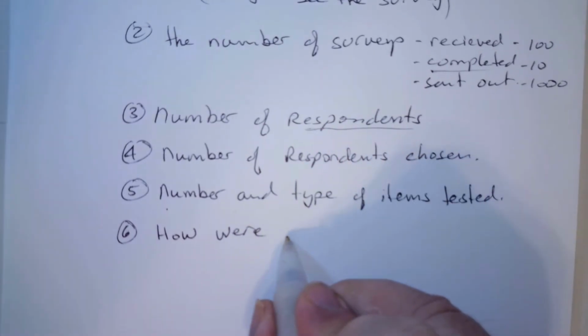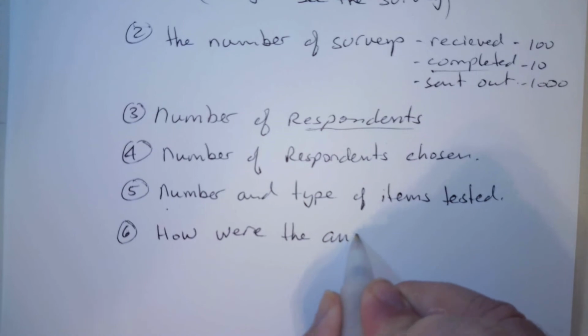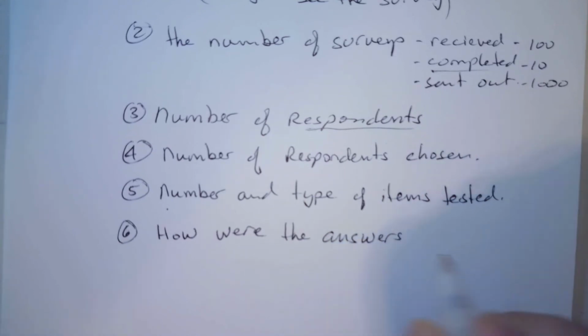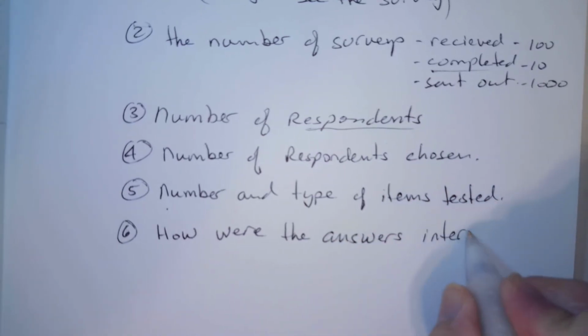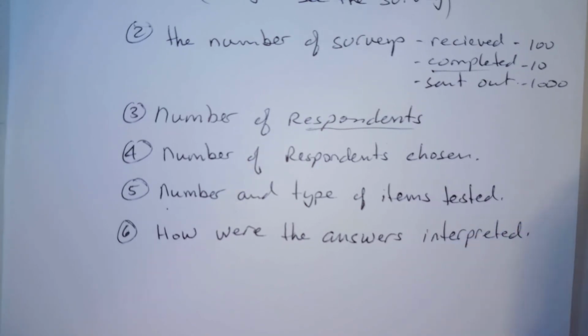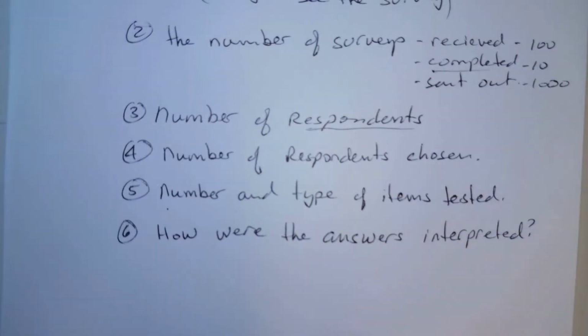How were the answers interpreted? You want to know, once they got the answers, what do they mean? Are they distinctively positive yes or no questions, or are they Likert questions, like a 1 through 5 scale? So how did the people interpret those results?